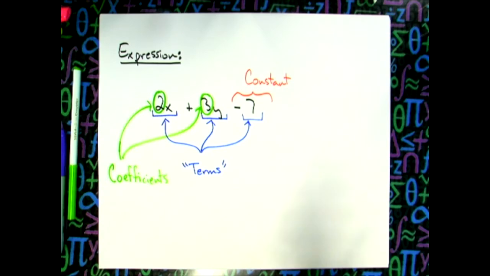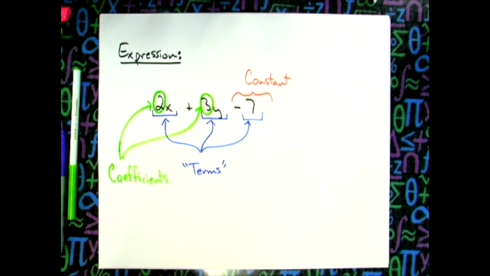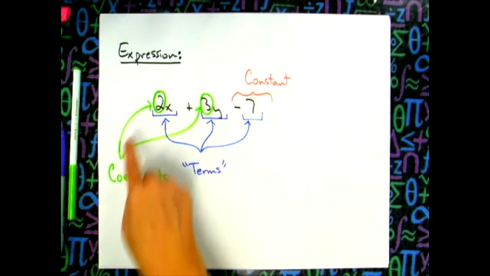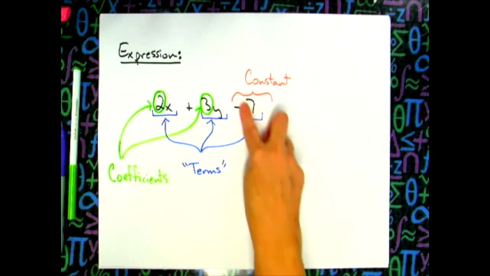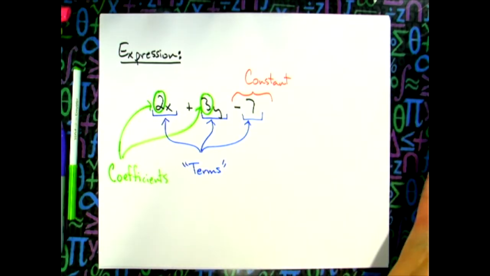It doesn't change. This first term that has a coefficient of 2 will change, because if x was 2, that term would equal something. If x was 3, it would equal something else. So these terms change because they have variables in them. This is a constant that will never change. It's always going to have a -7 at the end of the problem.